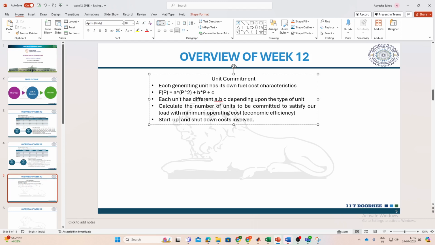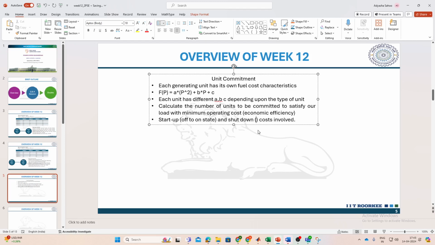You need to consider the startup cost only when you switch on a generating station which was off previously. So only when you go from off to on state, this cost will come once. After that, once it is on, this cost will not come.